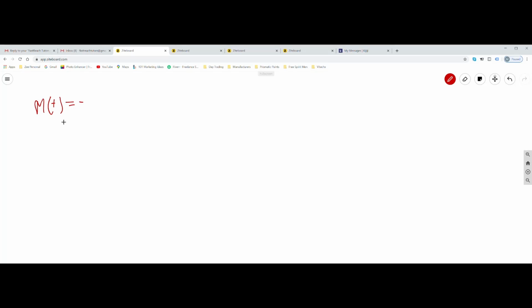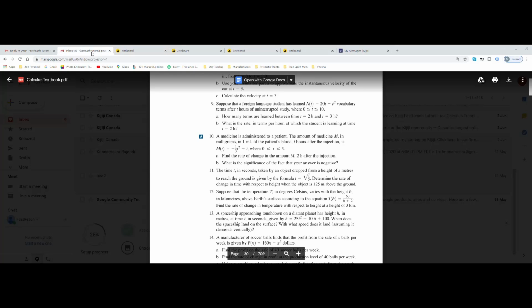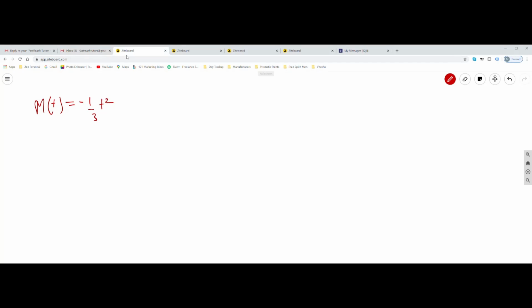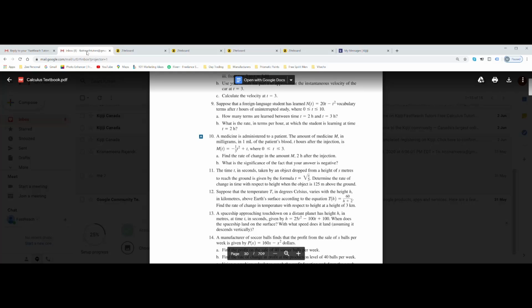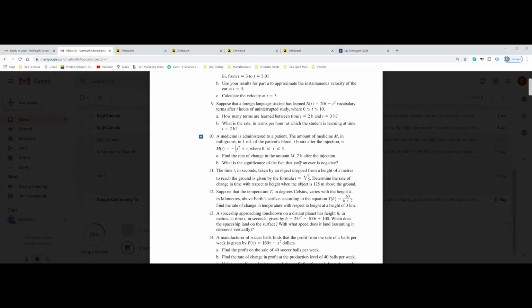It's asking to find the rate of change of amount m after 2 hours.